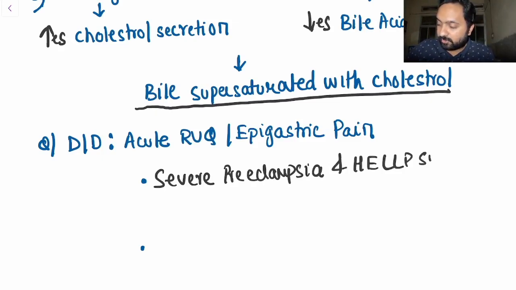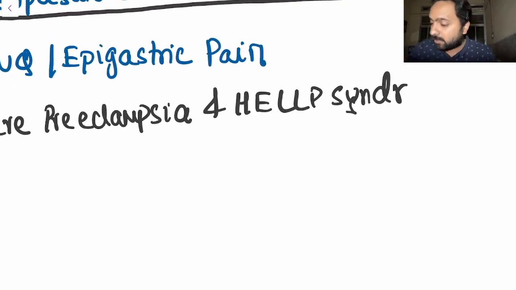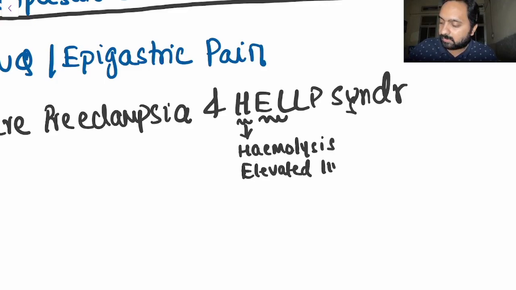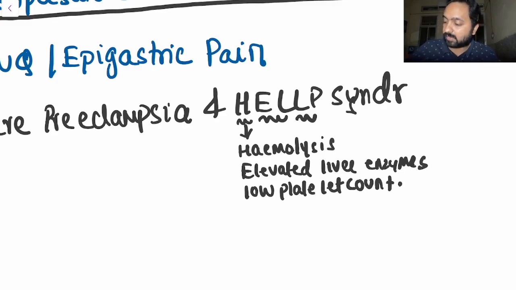HELP syndrome. I'm pretty sure you must have read this in your gynae, but still I'll write down the full form of HELP syndrome: H for hemolysis, EL is elevated liver enzymes, and LP is low platelet count.